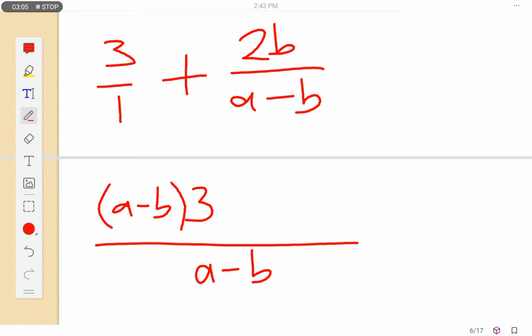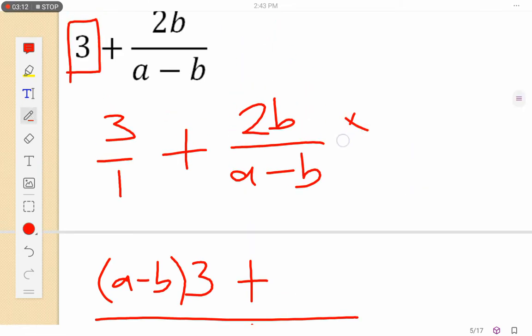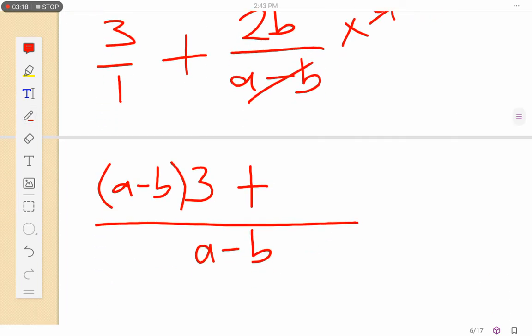Then plus, if I multiply here by A minus B, this will cancel off with this one, so I'll remain with 2B there.